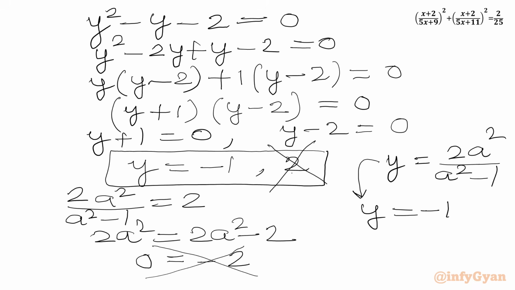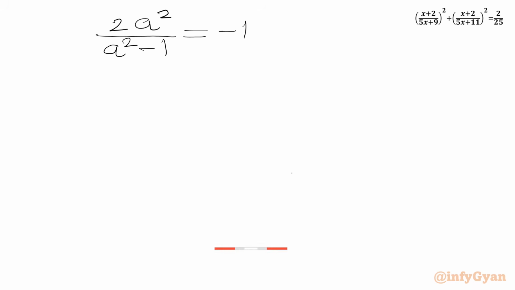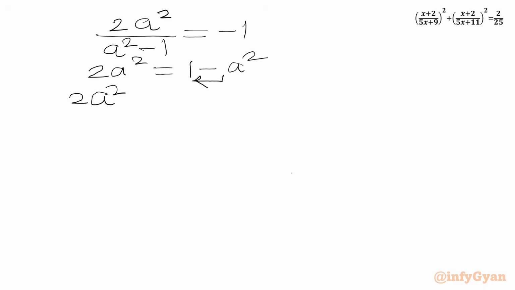Now we have to solve y equal to minus 1. Here y is 2a squared over a squared minus 1, so I will write 2a squared over a squared minus 1 equal to minus 1. Let's cross multiply. 2a squared will be equal to 1 minus a squared. Now we will take minus a squared to the LHS and write 2a squared plus a squared equal to 1. We will get 3a squared equal to 1.